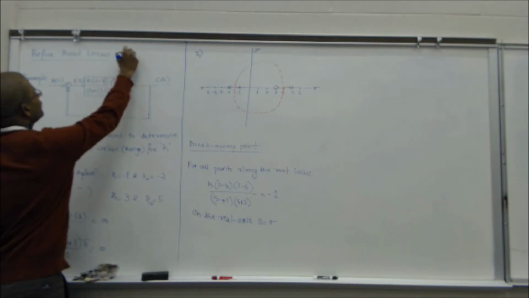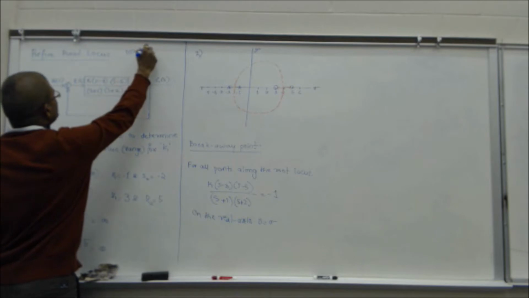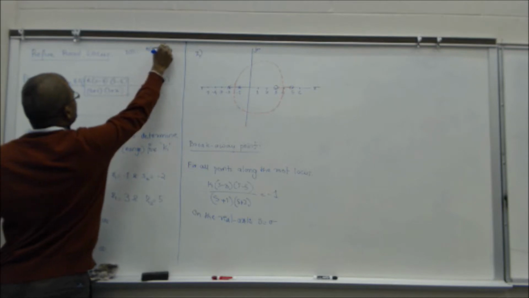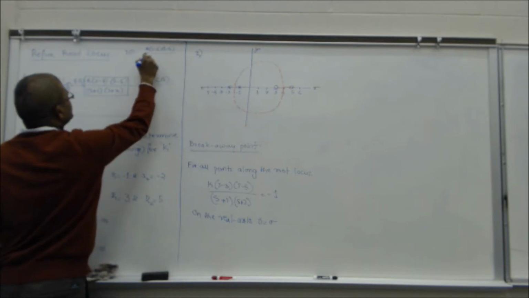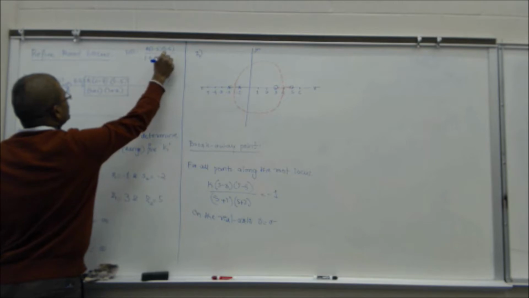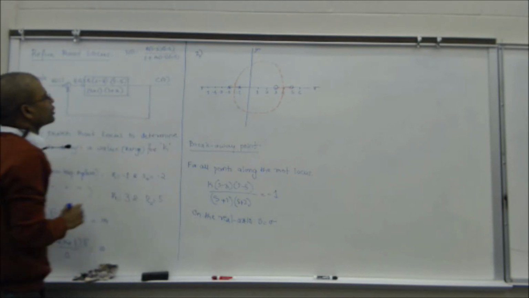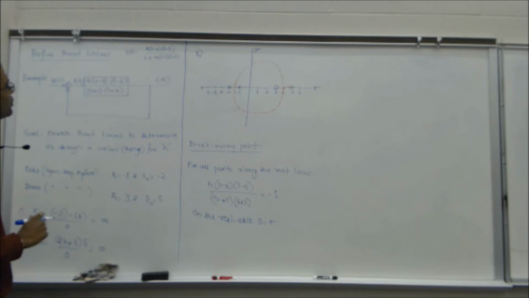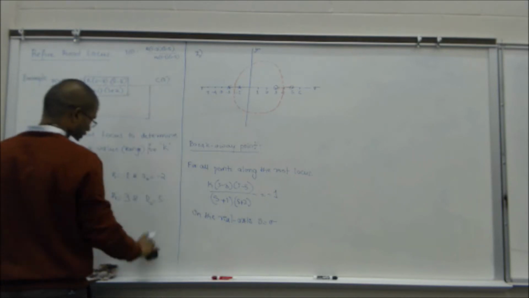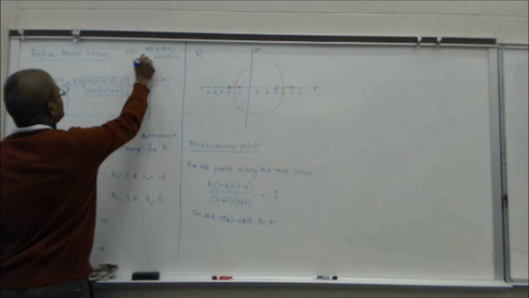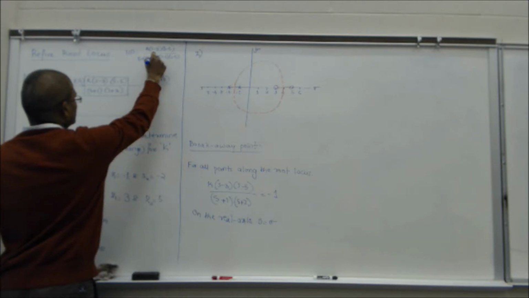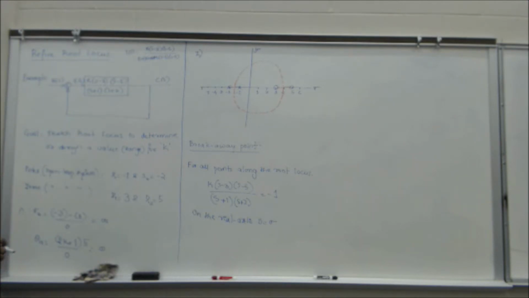T of S should be equal to K into S minus 3 over S minus 5, into 1 plus K into S minus 3 over S minus 5, S plus 2, S plus 1 into S minus. That's it, correct?